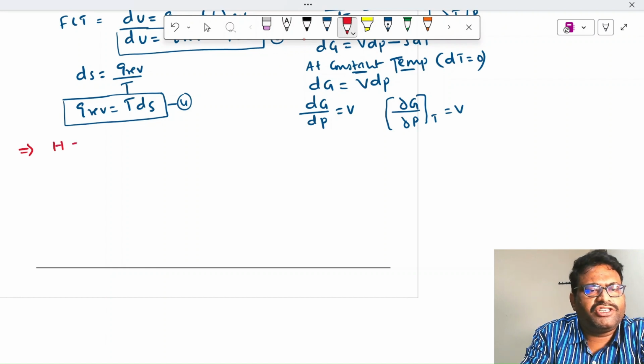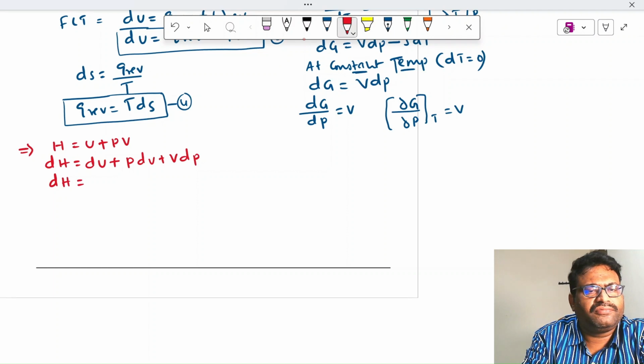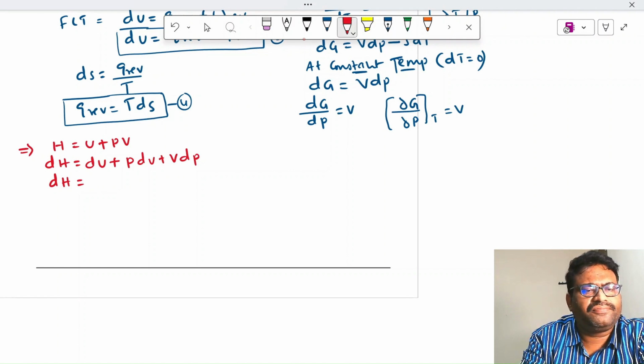And we know that H is equal to U plus PV. dH is equal to dU plus PdV plus V into dP. dH is equal to, right, dU can be written as Q reversible plus, right, work done.